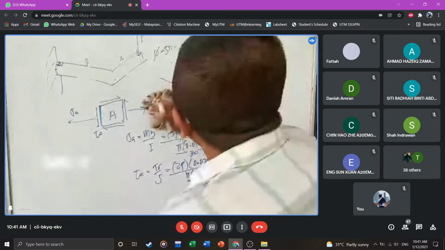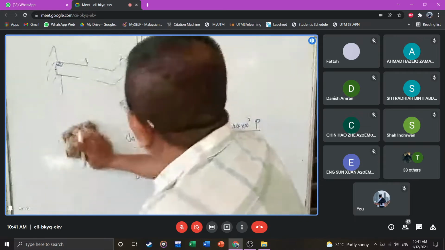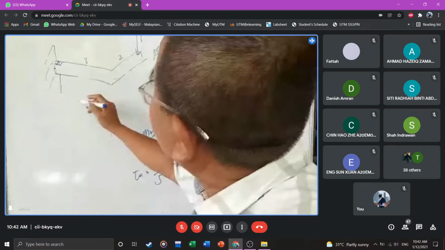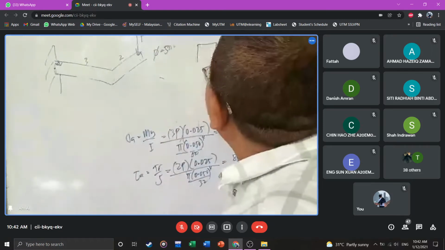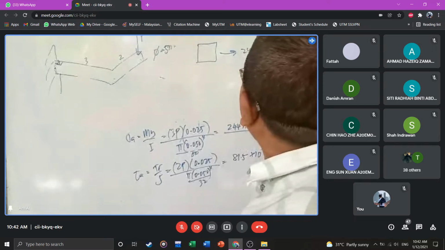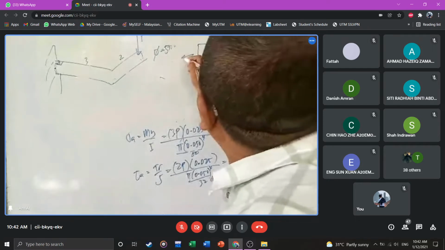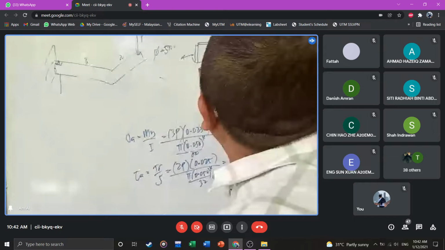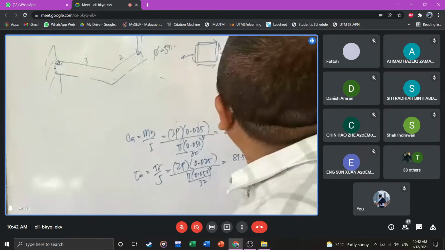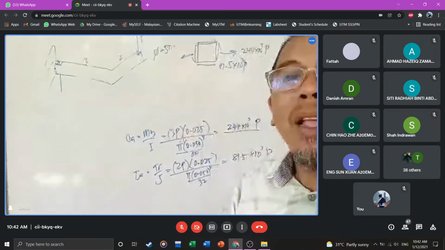Can I wrap this one? Now I want to plot the Mohr circle for this. Remember the Mohr circle there? So this is 244 times 10 to the power of 3 P, and your tau there is 81.5 times 10 to the power of 3 P. Yeah?